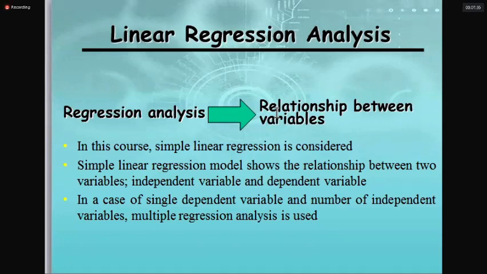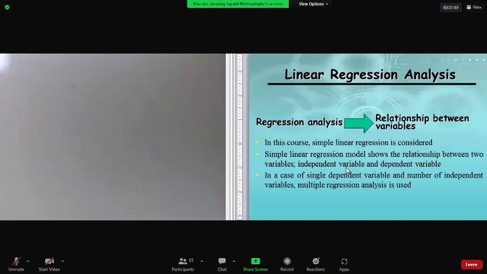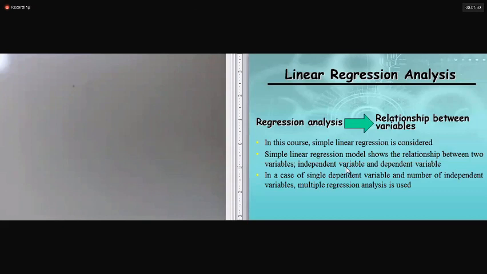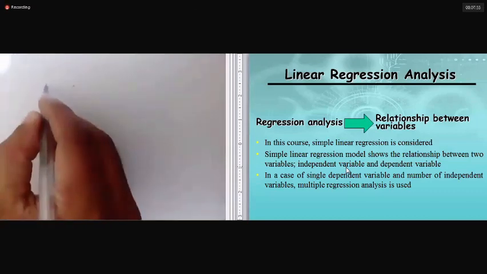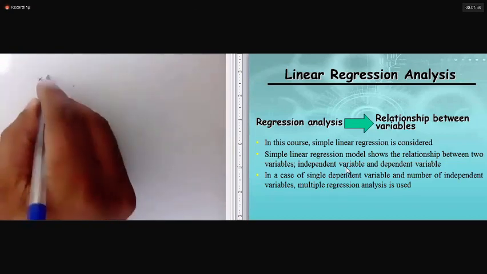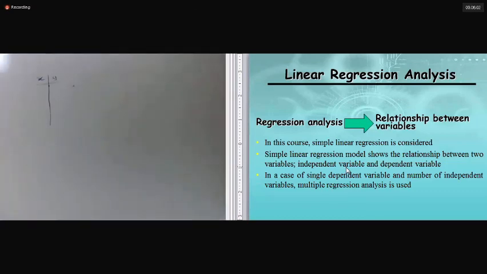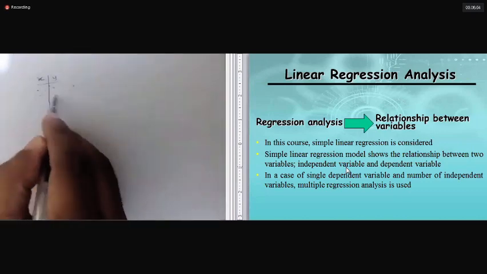Okay, I will explain the relationships like this. Now, suppose you have some data sets, say X and Y. So we have some values here.